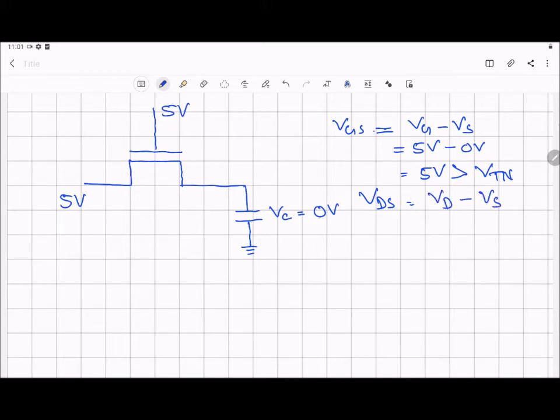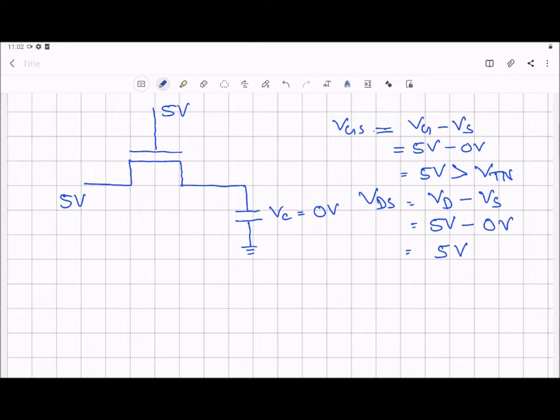VDS is equal to VD minus VS. As I told you, the highest voltage terminal is considered as drain. So VD is equal to 5 volt and VS is equal to 0 volt initially. So initial VDS value is 5 volt. So we have all the necessary conditions to have a flow of current.